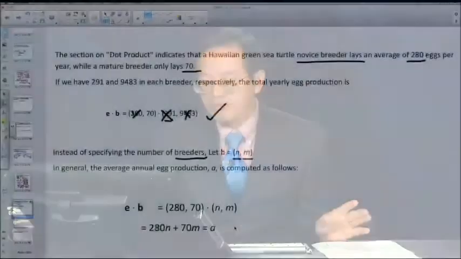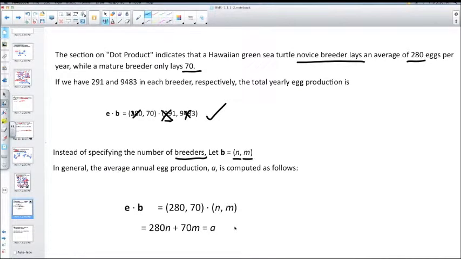Then I assume their numbers, since I don't know. Here, I don't know this, I don't know that. I call them M and N. And then the total number I know, which is, I forget the number, but let's say it's 1,000 something. Instead of putting numbers here, I just put the variables here.